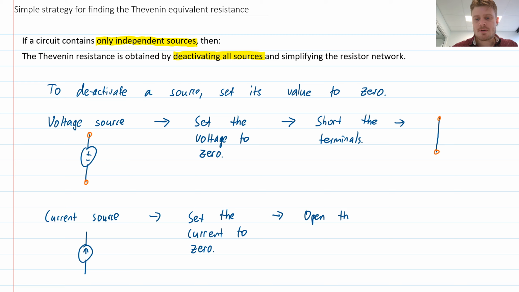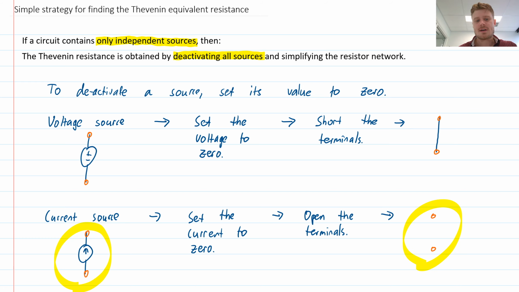So open the terminals. We would take our current source, which had a node on each side, and we would replace it with just an open circuit, basically just our two nodes totally disconnected. So with a current source, we just disconnect it, we kind of unplug it from the circuit.